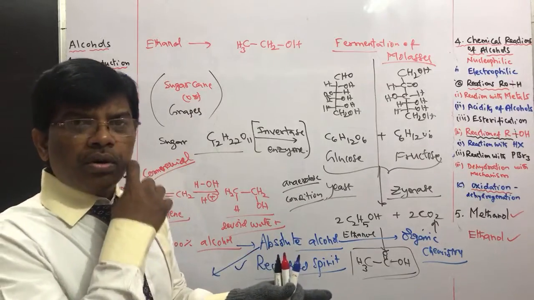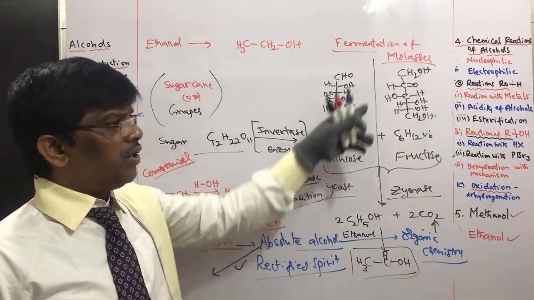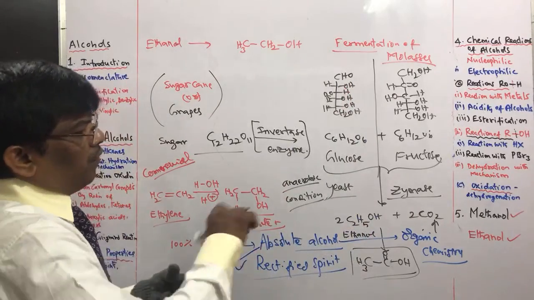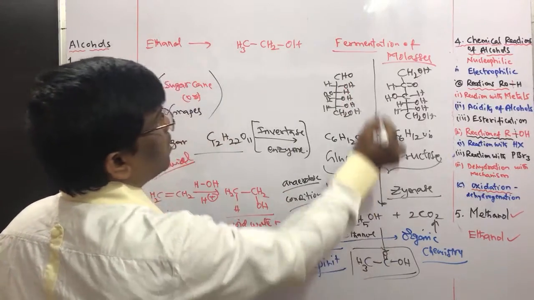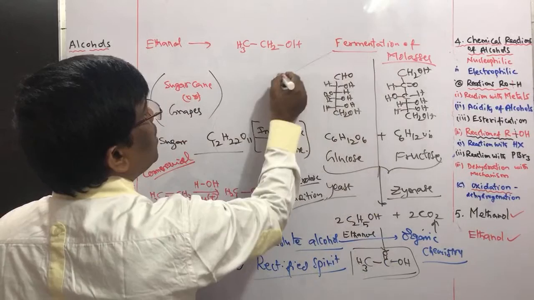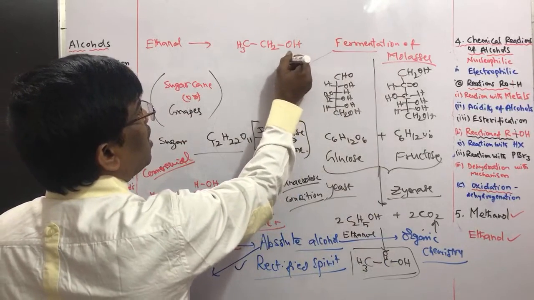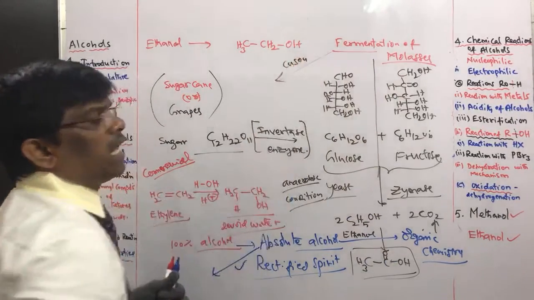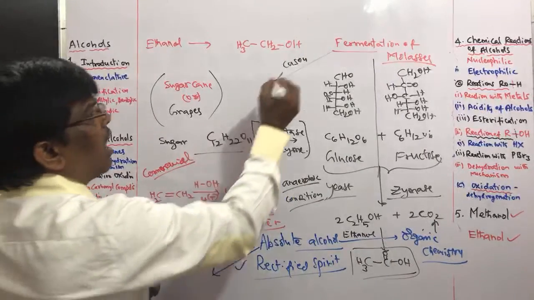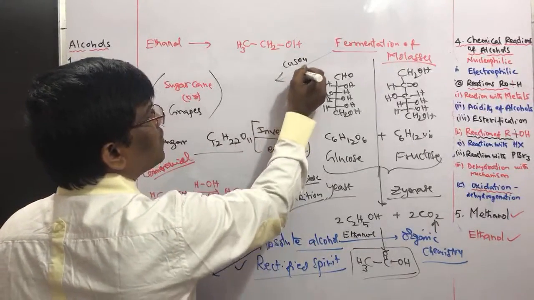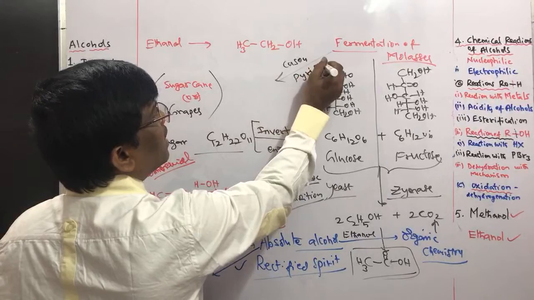So to avoid the consumption of alcohol during the transportation, this alcohol which is coming from this fermentation method will be mixed up with copper sulfate where it gives some color, and to give foul smell pyridine will be added.